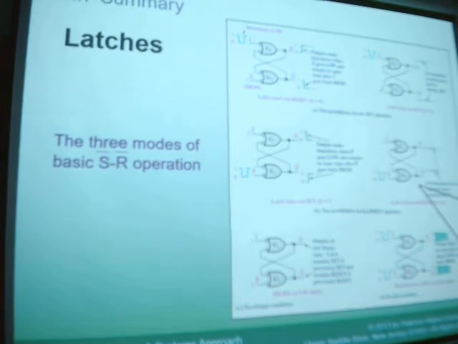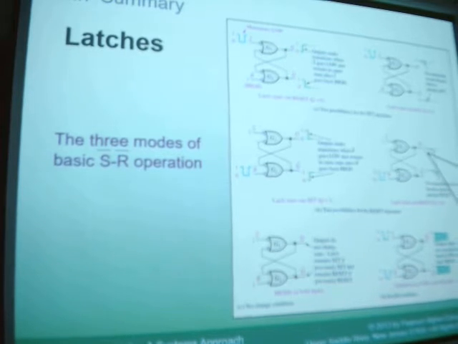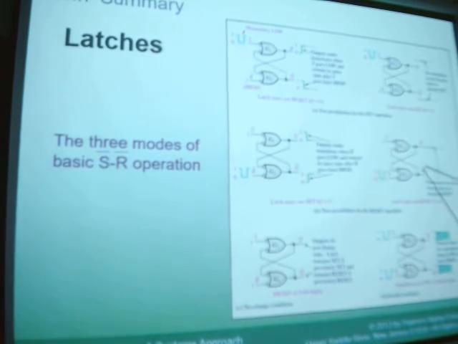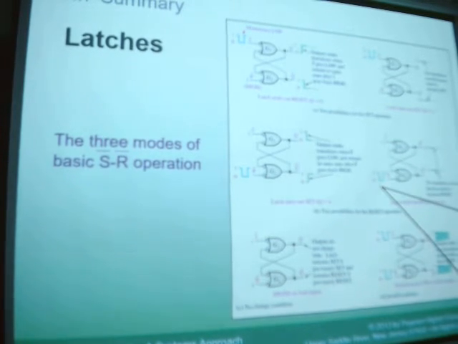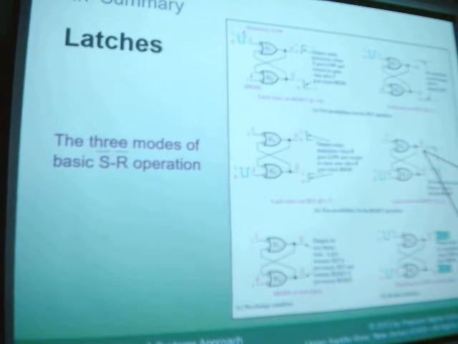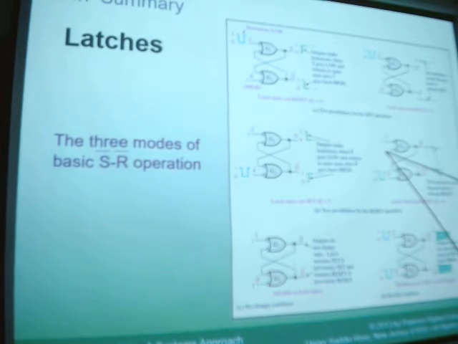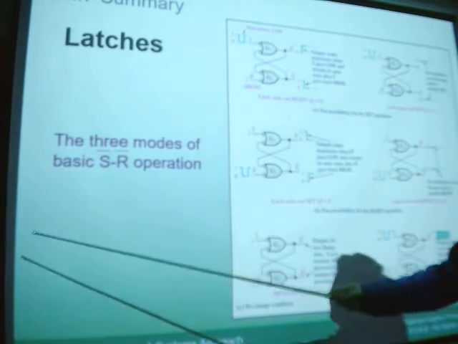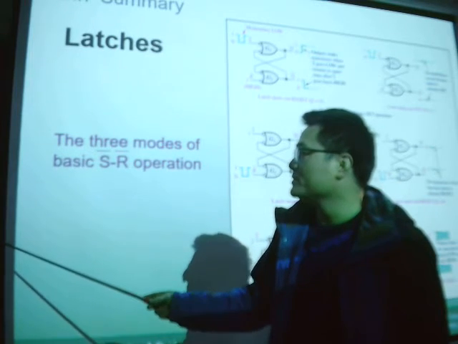And for this position, because the initial value is 0, then if R bar goes from 1 to 0, the output will be 0, because S bar equals 1, R bar equals 0.